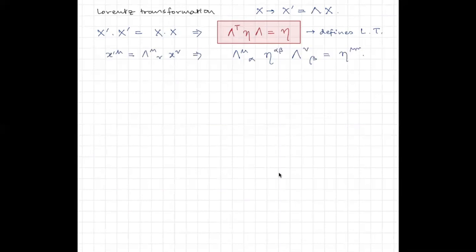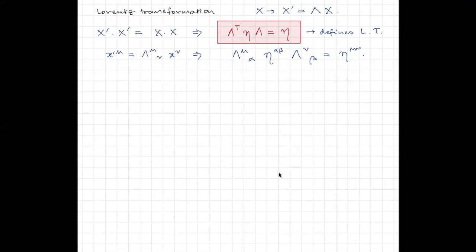Okay, so now look at the relation that I've boxed. Eta is a diagonal matrix, so eta is of course a symmetric matrix, right? So the left hand side of this boxed equation is symmetric.